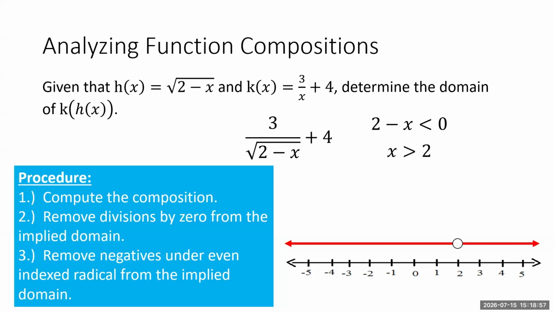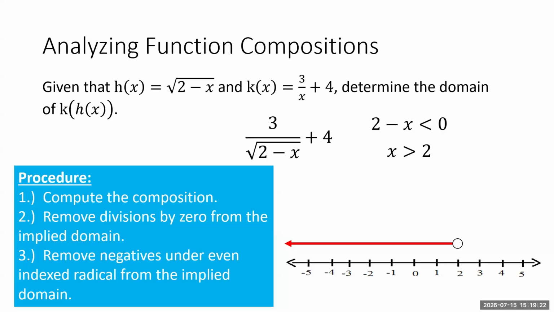We will add x to both sides, and we have that when x is greater than 2, the radicand will be negative, which means we will no longer have a real number as our output value for the function. Thus, we delete the right-hand side of the implied domain after the open circle at x equals 2.